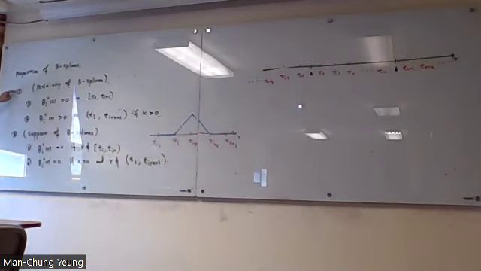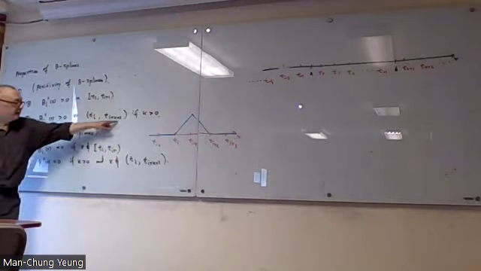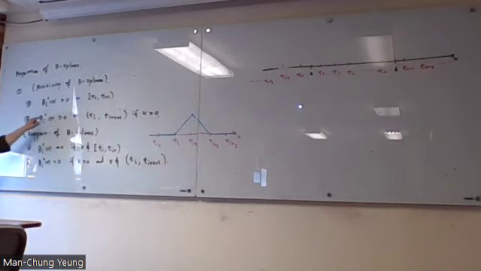Actually, property number 1 and property number 2 are very similar, closely related to each other. In this interval, the function value is greater than 0. Outside the interval, the function value is 0. So this is the support.